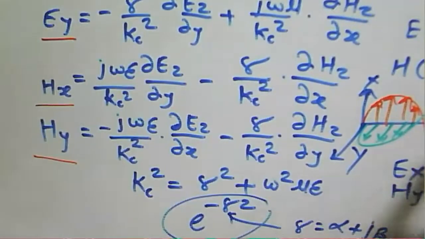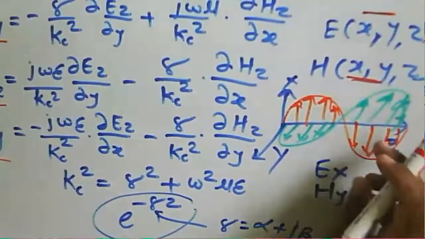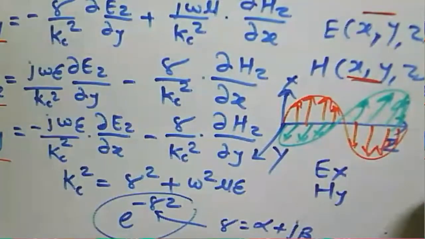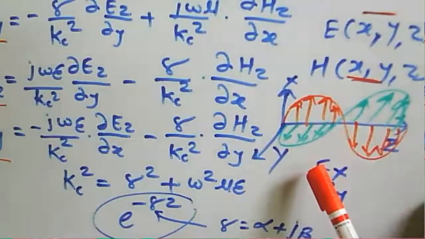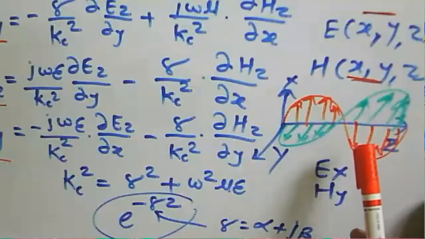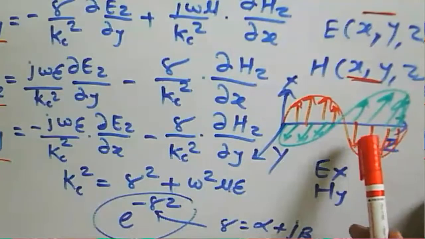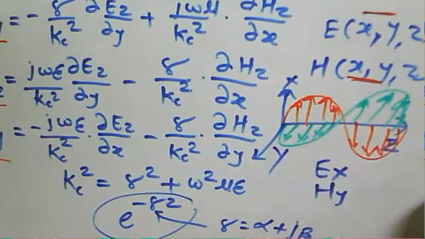So from this waveform, we say that this wave is propagating in a rectangular waveguide. Then it has an X component and a Y component. But there is one more component, longitudinal to the direction of propagation, that is the Z component, along the rectangular waveguide.